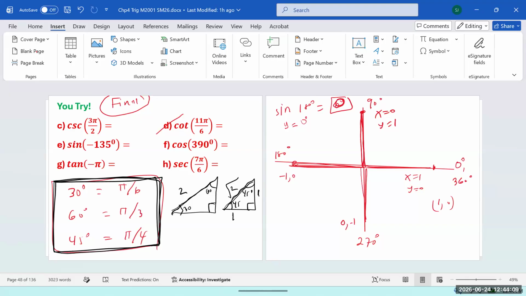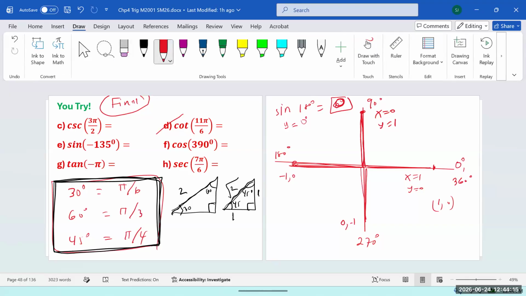Now let's say you want cosecant 180 degree. The cosecant is what over what?